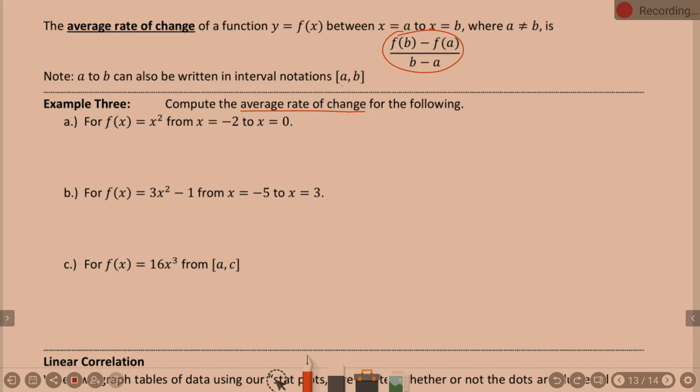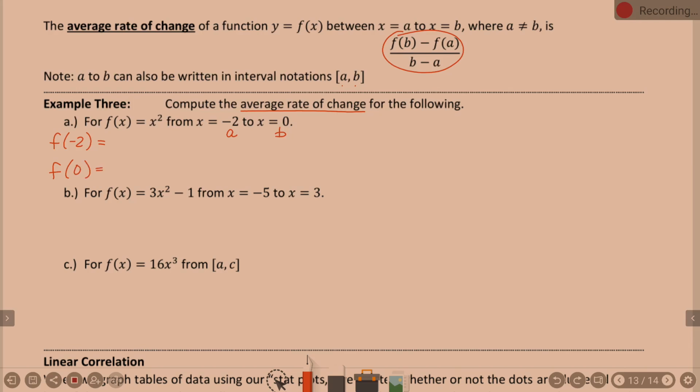That's the interval we're working on in this particular problem. So I'm going to think of these as my A and B values. My suggestion to get started is that we find f of A and f of B. So let's find f of negative 2 and f of 0.